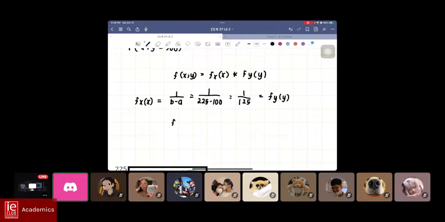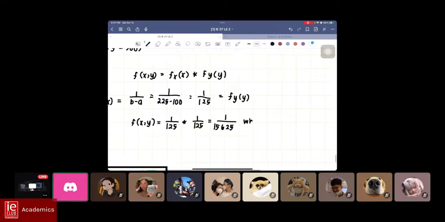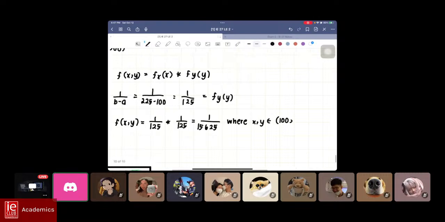So we can get that f of x, y would just be equal to 1 over 125 times 1 over 125. So that's 1 over 15,625, where x and y are from 100 to 225.